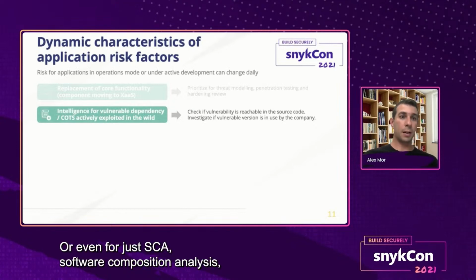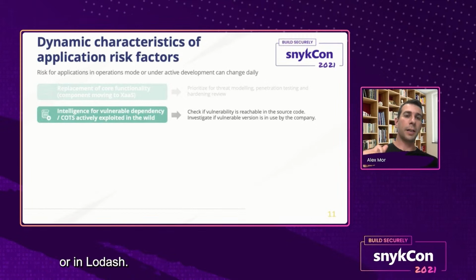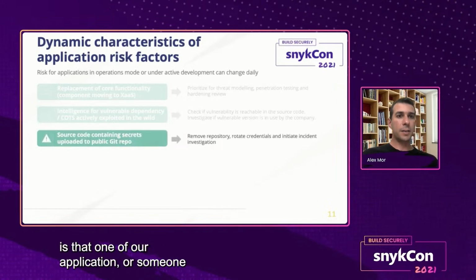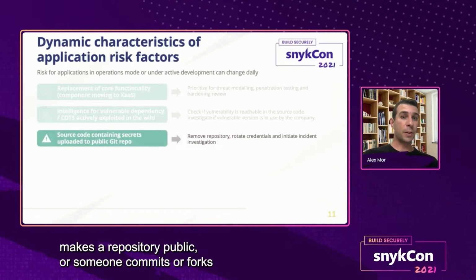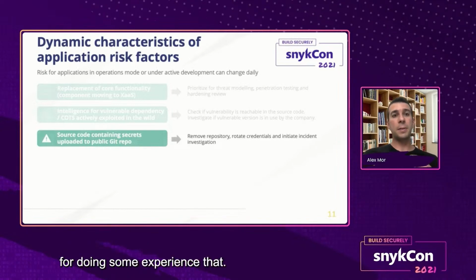Or even for just SCA, software composition analysis. There's a new vulnerability in Spring, or in Struts, or in Lodash. We're aware of that, and we can act upon that. One other example of dynamic changes is that someone makes a repository public, or forks a repository and then uploads that to the public, just for training, or for doing some experiments.